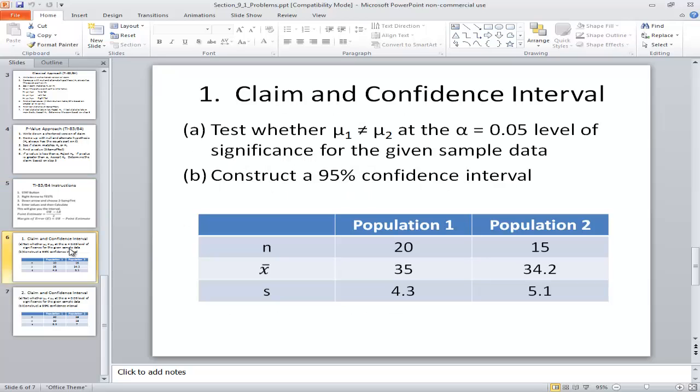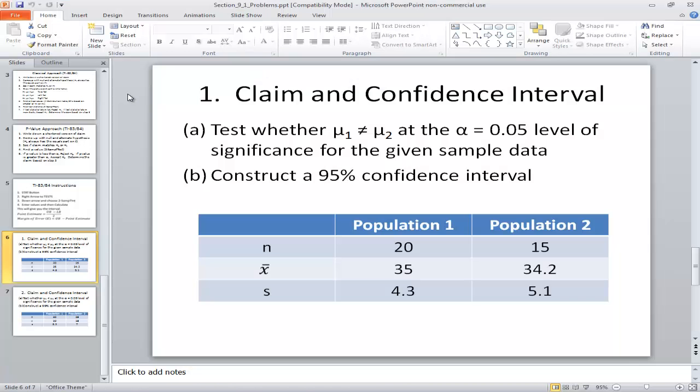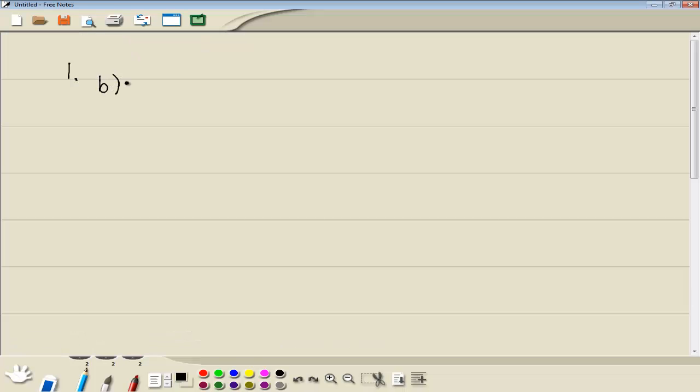Okay, so I'm going to come down here, and we're going to do problem 1 again, specifically 1b. It says we want to construct a 95% confidence interval. And what do they give us? n, x bar, and s.